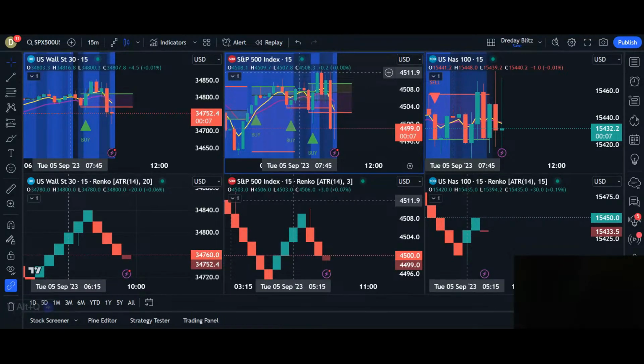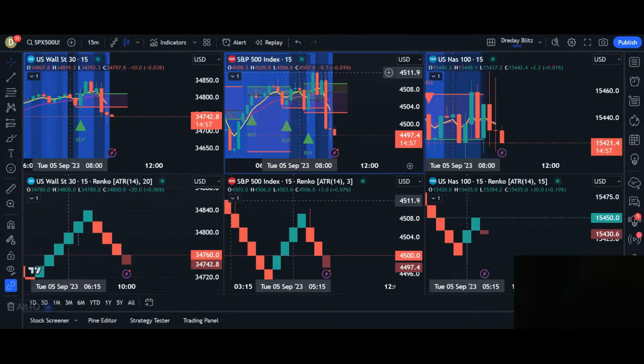But if you're looking at the market, it's still showing down. So let's see, it's 10 right now. Let's see how everything's going to go. For now, we're still expecting a push down on US 30 and S&P 500.